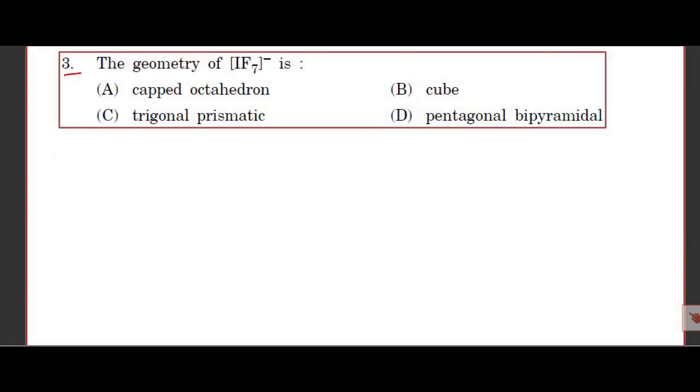Question number 3. The geometry of IF7-. Here the question is wrong. IF7- does not exist. Here it is IF7. For IF7, you see, it is sp3d3 hybridization with a pentagonal bipyramidal structure.